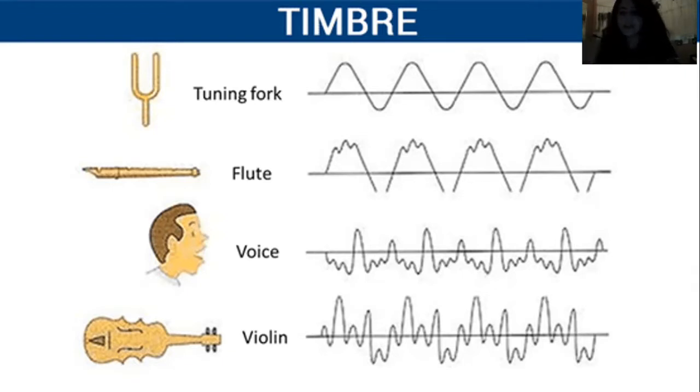It is a specific characteristic of each sound, and it depends on the form and the material of each instrument. That's why a piano sounds different from a guitar. The human voice sounds different from a violin.